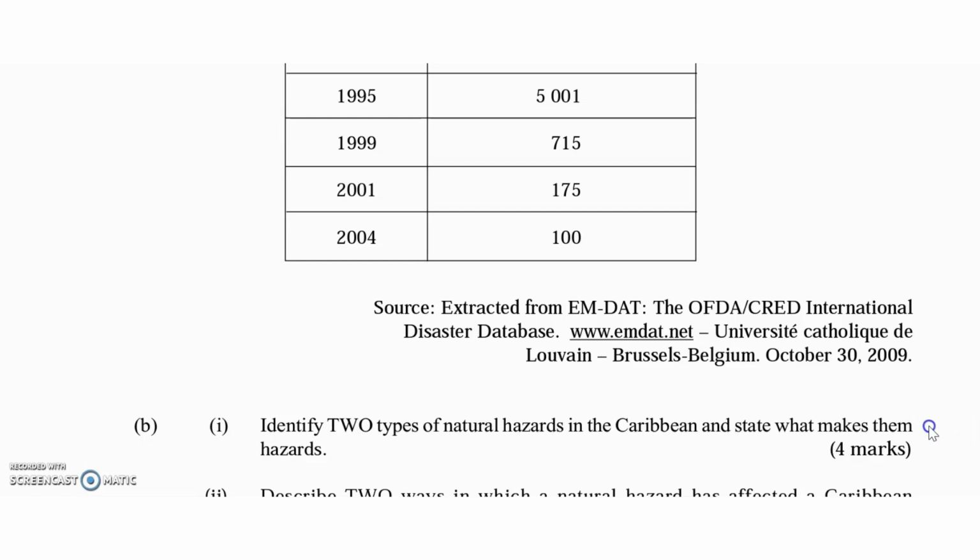What makes them hazards is that flooding can contribute to damage to property, but at the same time it can contribute to loss of lives, both humans and animals, especially if people are in close proximity to flood-prone areas, or are greatly affected by the seasonal occurrences of these floods.